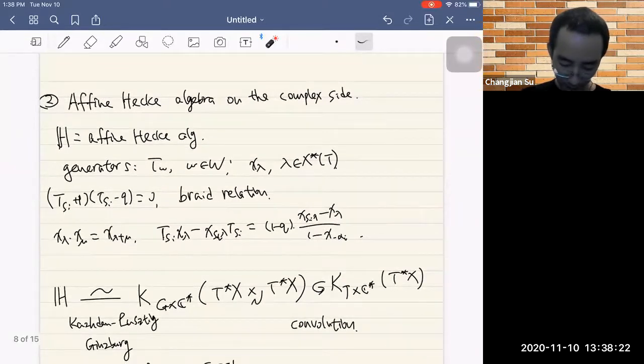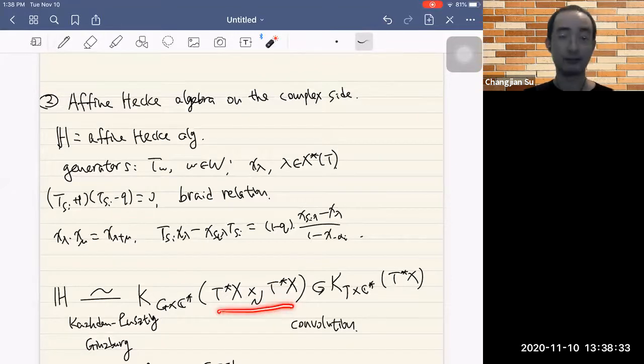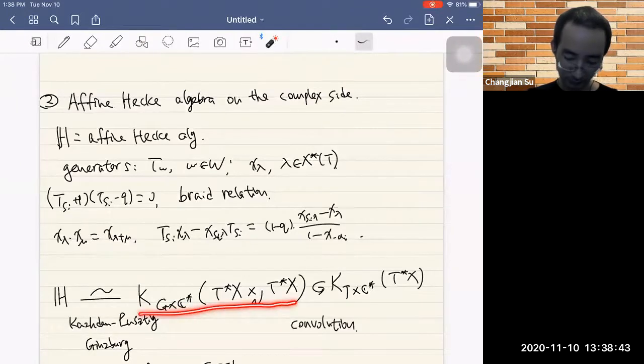Again, there is a very classical result in geometric representation theory. Previously we considered the Steinberg variety, and the Borel-Moore homology of this Steinberg variety is isomorphic to the degenerate Hecke algebra. If you replace the Borel-Moore homology by the equivariant K-theory, then again by convolution, this will have an algebra structure.